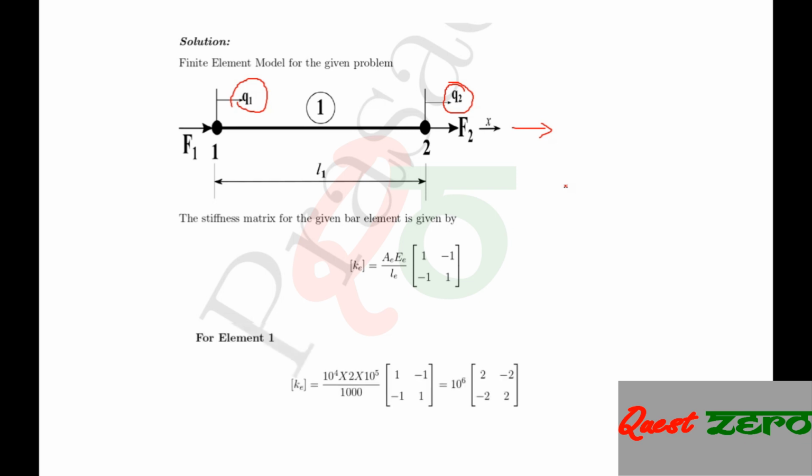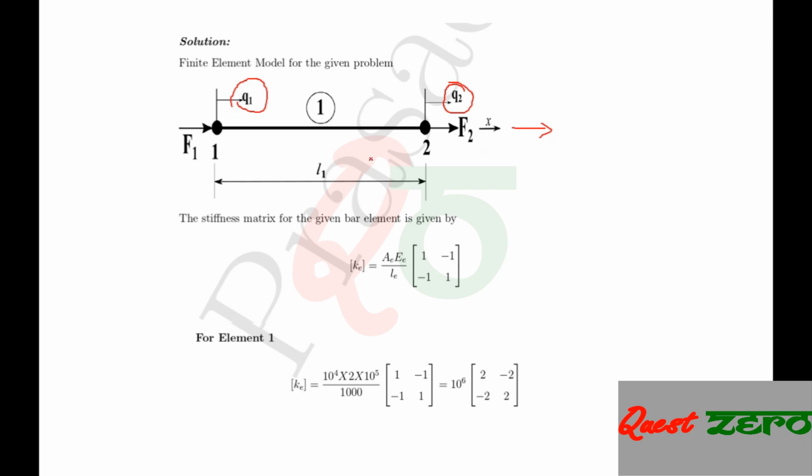After substituting the values of A_e, the cross sectional area 10 to the power of 4, and E, which is 200 GPa, we will convert it into MPa. Why MPa? Because Newton per millimeter square is the unit for all other given data.